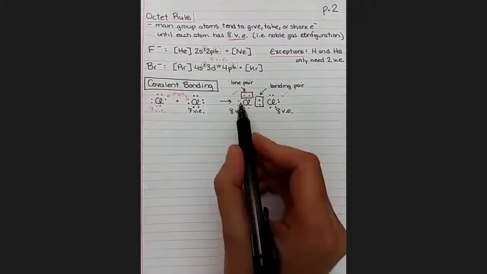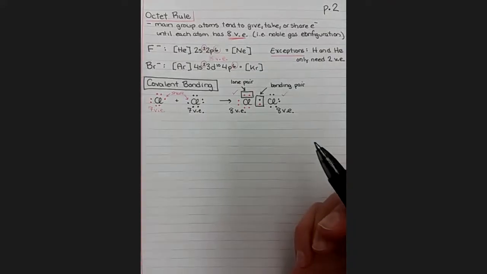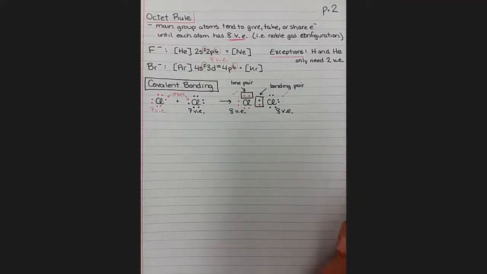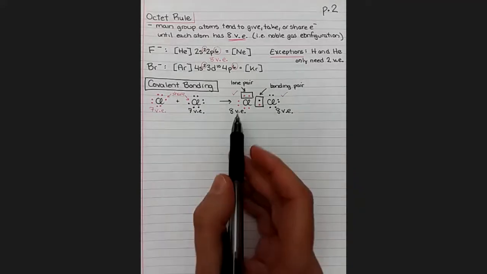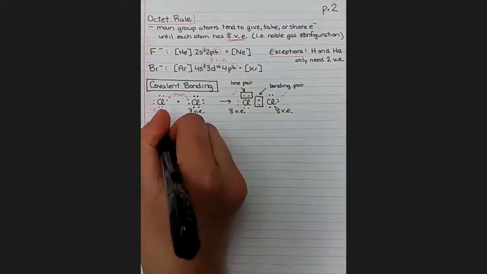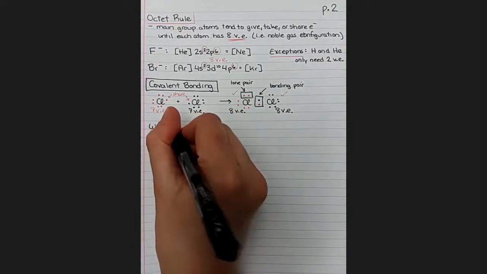Now, I think that drawing the dots around each of these atoms really starts to become tiresome. And when you write it in pencil, especially, it starts to become difficult to see the dots if you don't make them large enough. So we're going to introduce a shorthand way of drawing this so that you can move a little faster when you're reading it and you can make a clearer written structure.